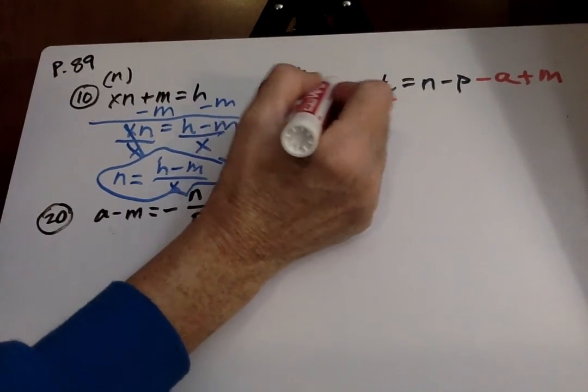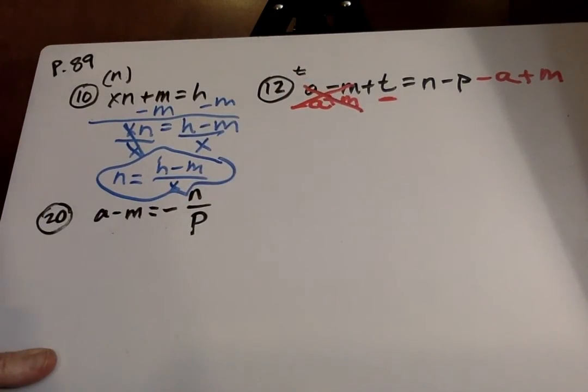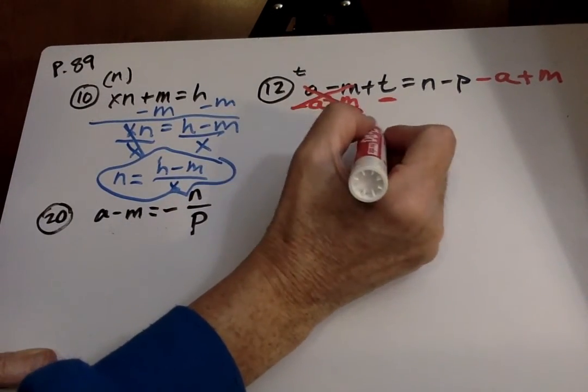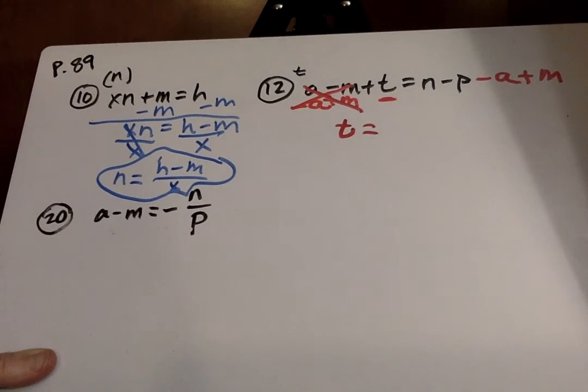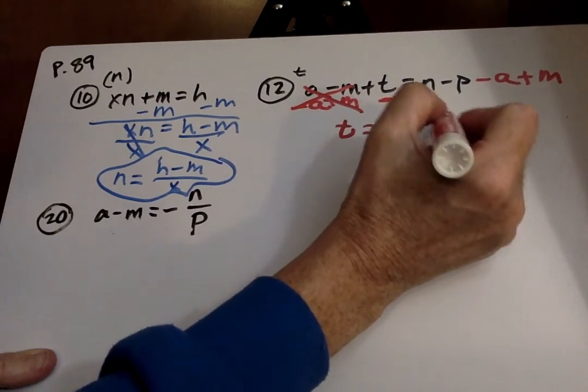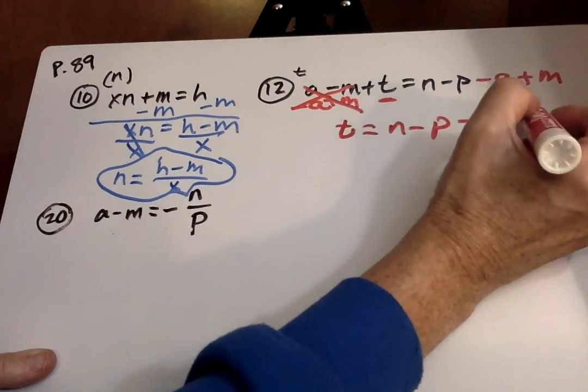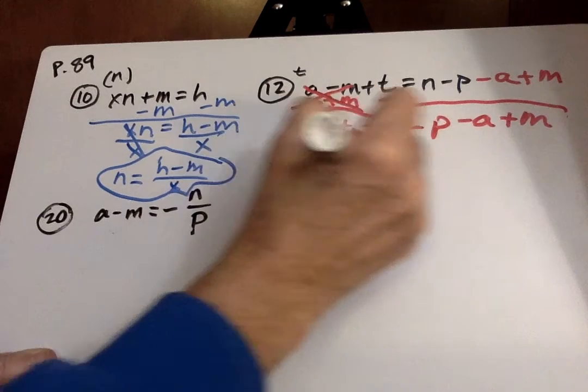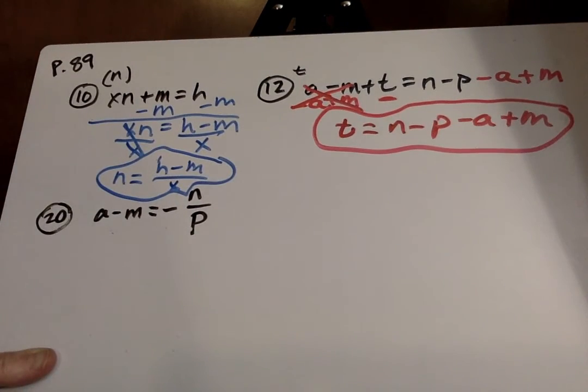And that gets rid of all of that. So I'm left with t equals, and I cannot combine any of these because there's not the same variable to the same power. So n minus p minus a plus m. Bam, we are done with that one. Easy. Looks hard, but it's easy.